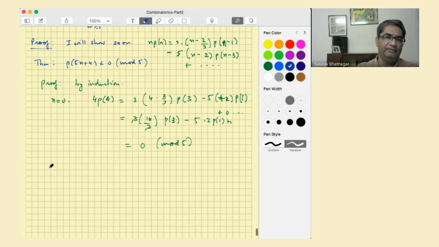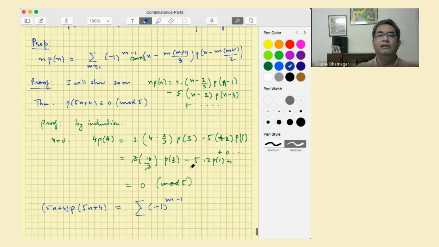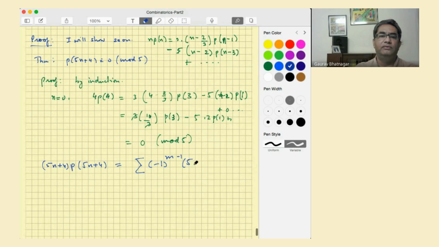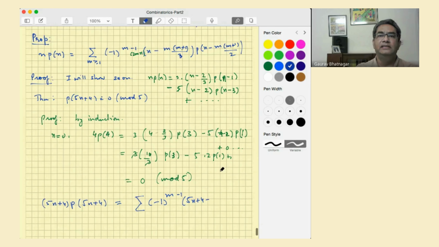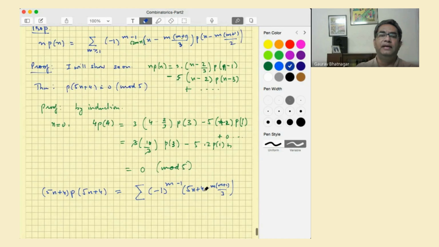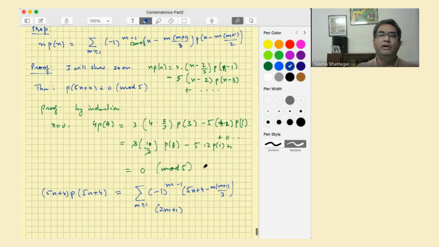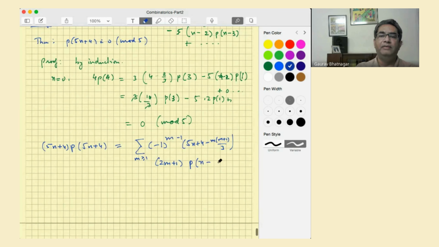So then what do we have? We have this term, minus 1 raised to m minus 1, (5n plus 4 minus m plus 1 over 3) times 2m plus 1, for m bigger than or equal to 1, and p(n minus m plus 1 over 2).